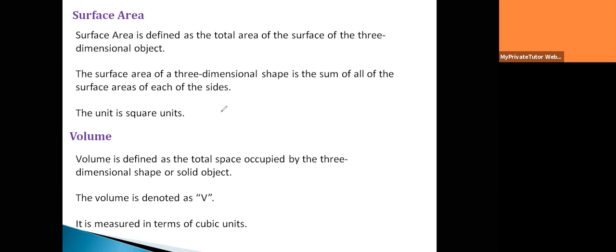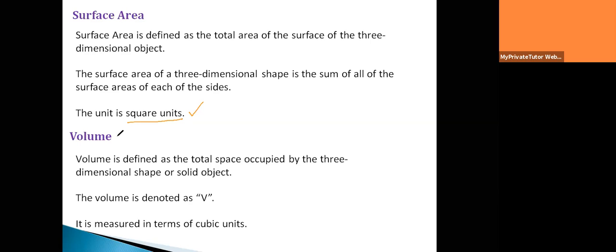So surface area is the sum of the area of all the faces. And the unit of surface area is square units.